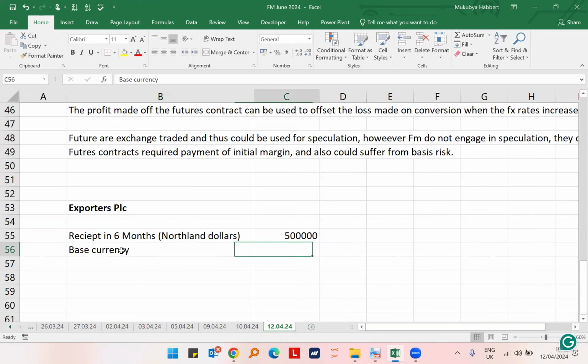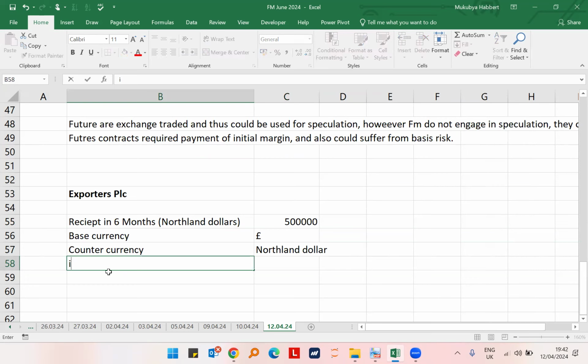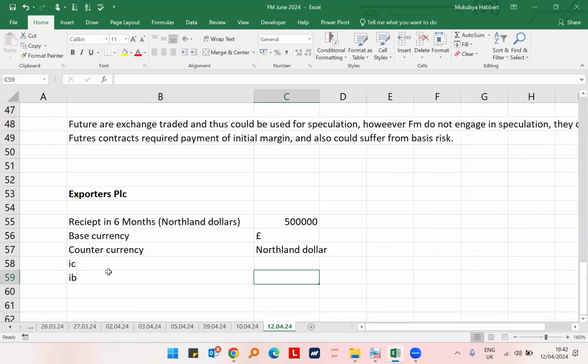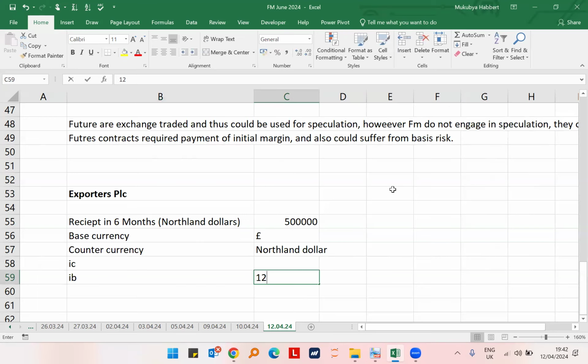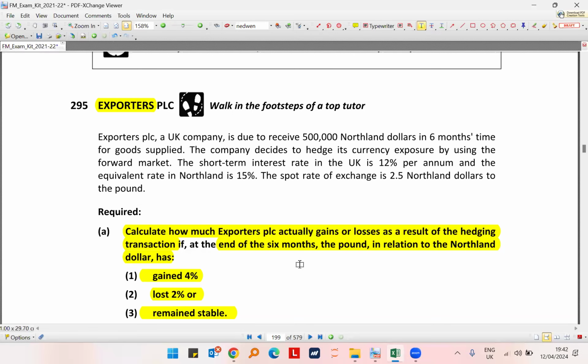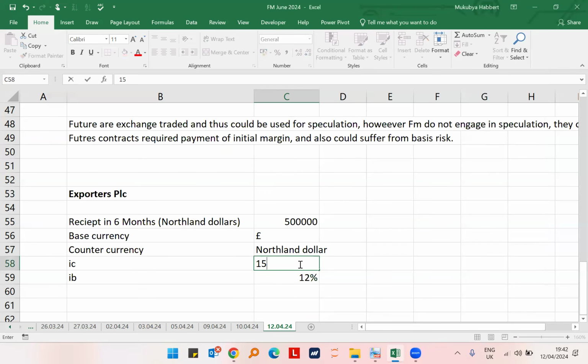That is very important for us to know, because once we know it, then we can put the interest rate for the counter currency, interest rate for the base currency. Because the base currency is the pound, the interest rate for the base currency is 12%. And therefore the one of the counter currency is 15%.